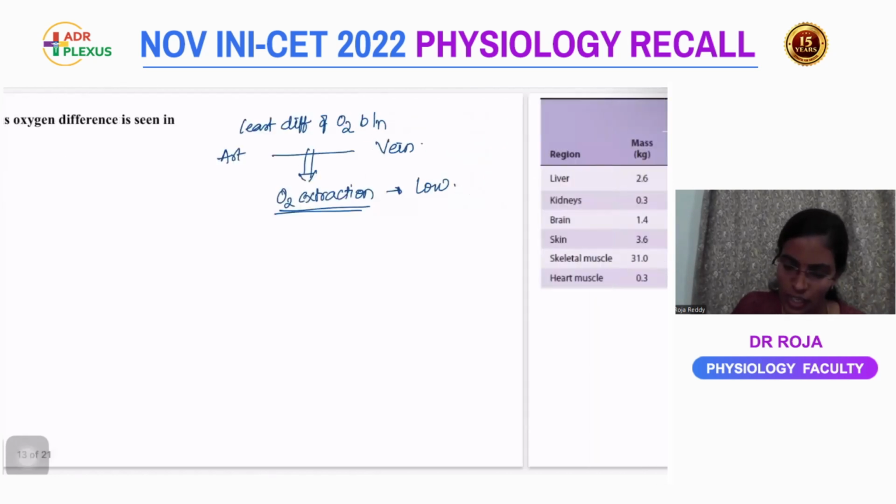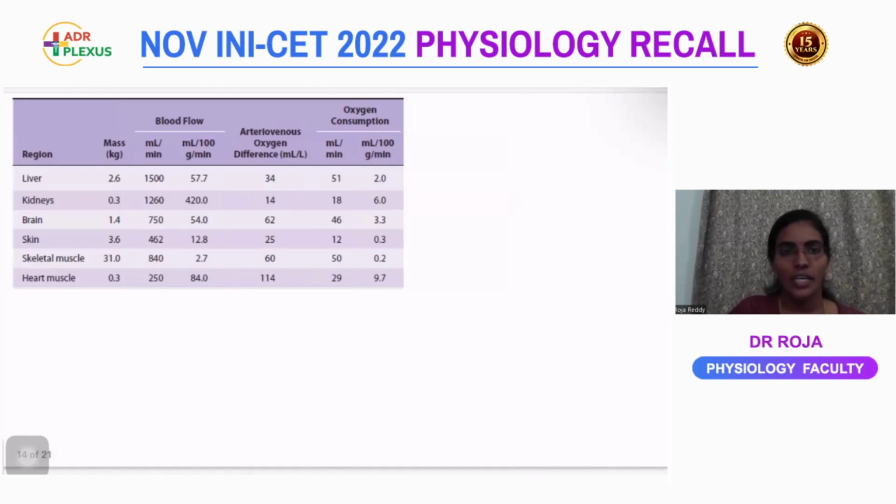So we will have a look at this table. As you can see in this table, there are things mentioned: the blood flow, the oxygen consumption, and the arteriovenous oxygen difference.